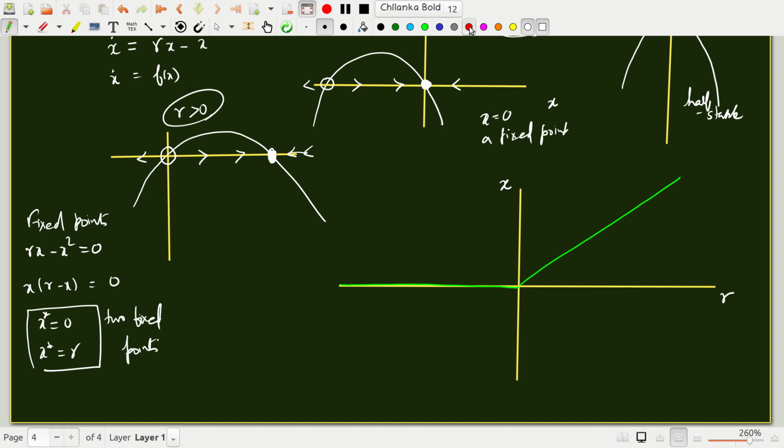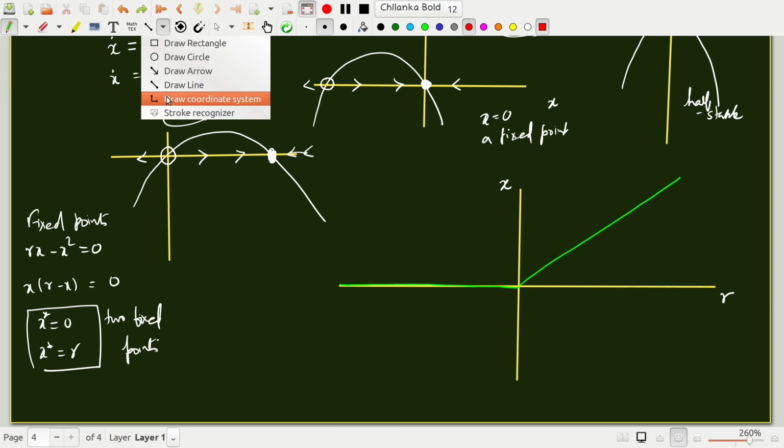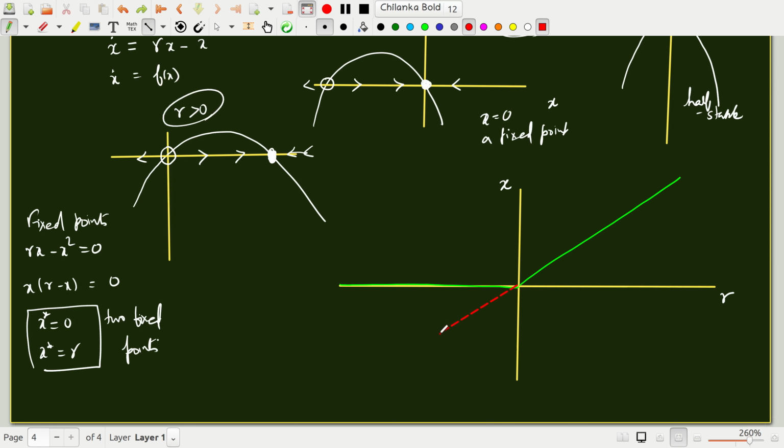Therefore, I will denote unstable, sorry about this, with a line. Okay, so this is stable, this is unstable.